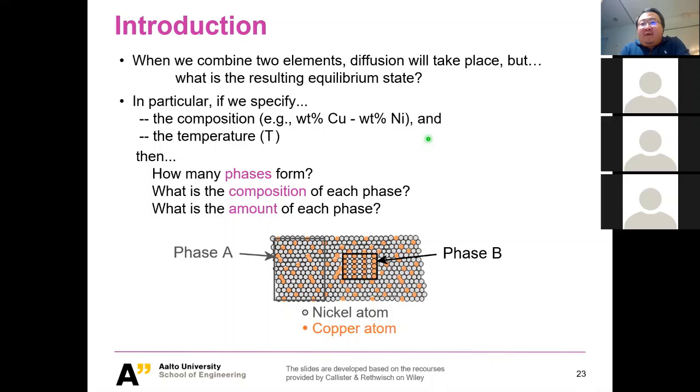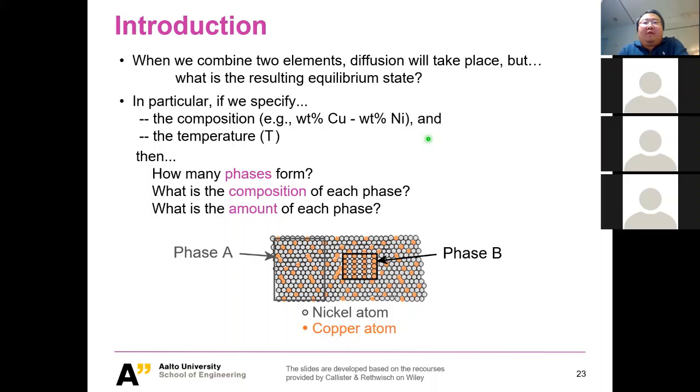But in reality, when you diffuse A and B, or combine two atoms together, they will finally reach an equilibrium state, right? The equilibrium state is basically that you have equal A and B concentration to a certain extent, not in terms of quantity, but in terms of a certain rule, an equilibrium.